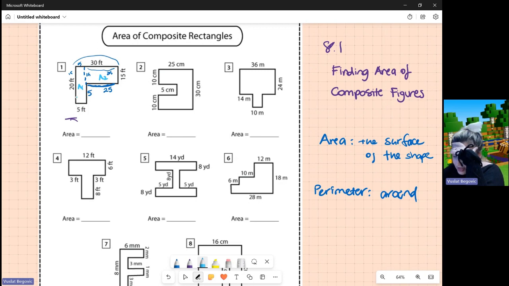20 times 5 is 100, so I write that, and then I circle it so I don't confuse it with a side length. If I circle it, I know it is area, okay? Then I am looking at this one. Now the rectangle is 25 times 15. 25 times 5 is 125, and times 3, since 15 has 5 and 3 as multipliers.